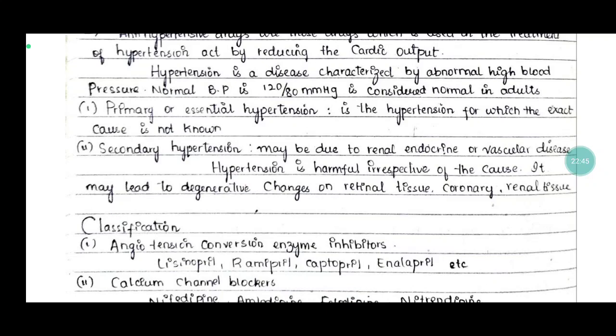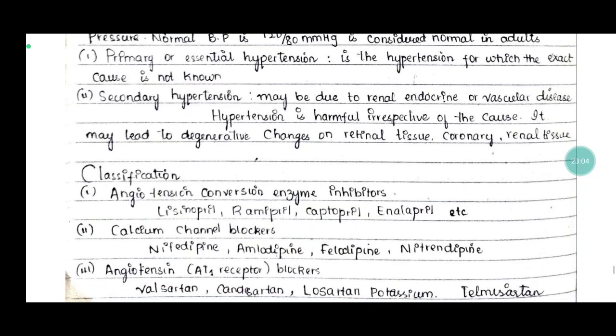Hypertension is harmful irrespective of cause, and it may lead to degenerative changes in the retinal tissue as well as coronary and renal tissue. So, the classification of antihypertensive drugs.